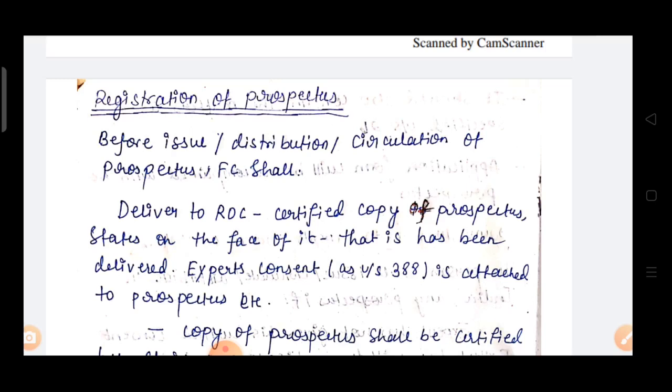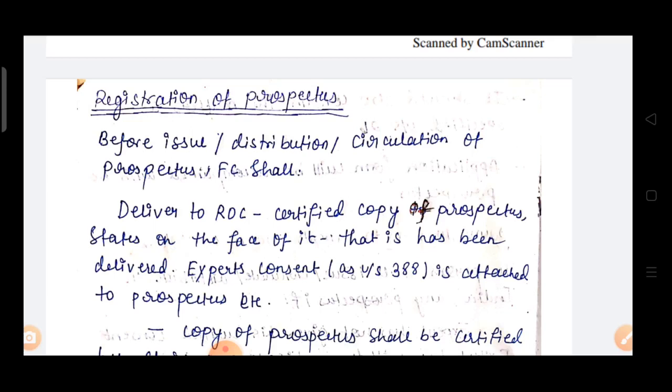Means the certified copy of the prospectus needs to be delivered to the ROC, and on the face of the prospectus it must be written that it has been delivered, and the expert statement is required to be attached to the prospectus. So before issuance this must be done. It must be delivered to the ROC, that it has been delivered must be stated on the face of it, and the expert statement needs to be attached to the prospectus.